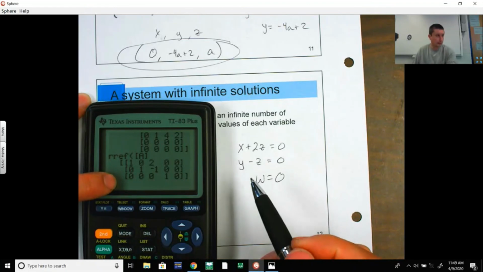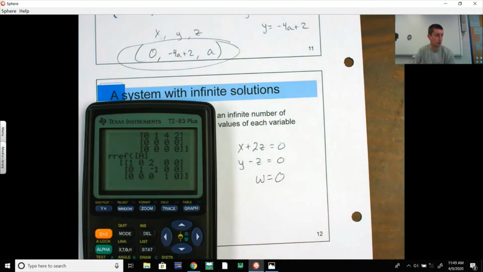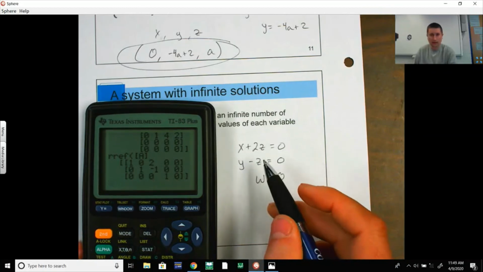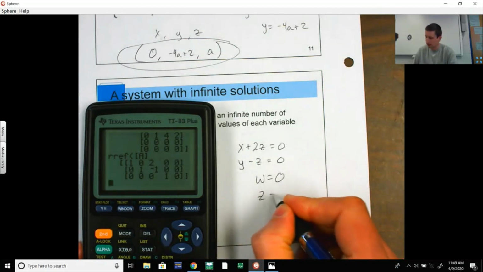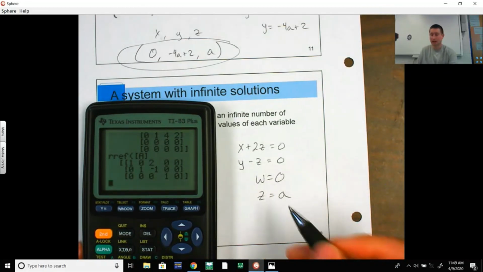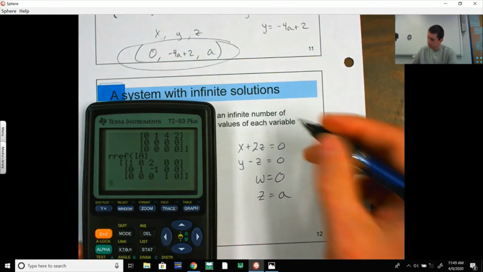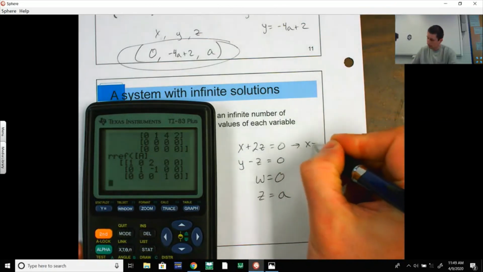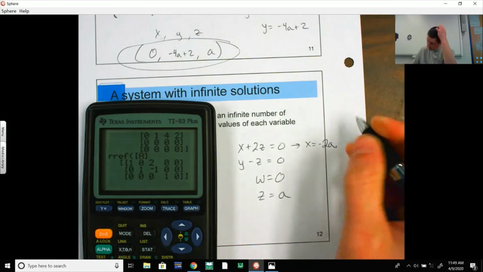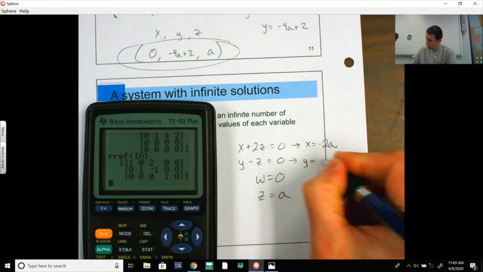So my variable that I don't know is z. I don't have a value for z, which means z can be any number. So z is going to be a for any number. So let's solve this. X equals negative 2a, and y equals a.